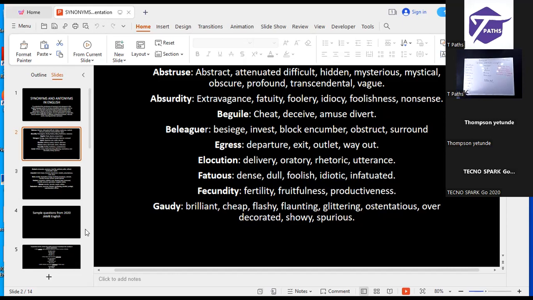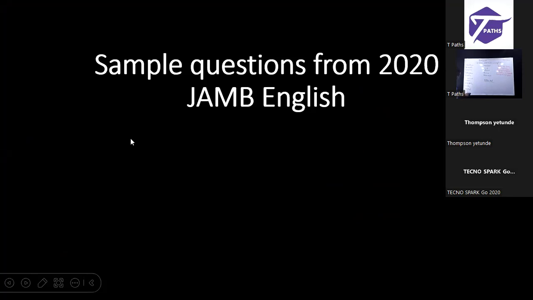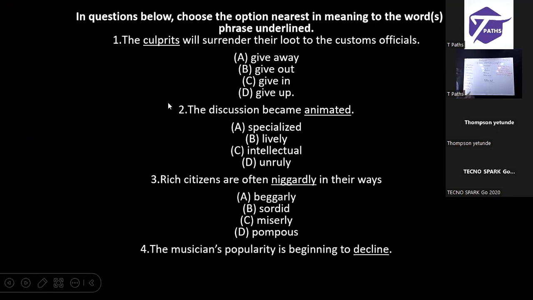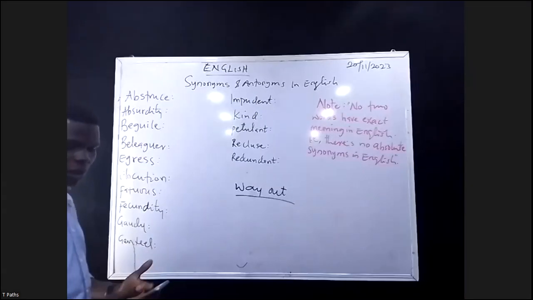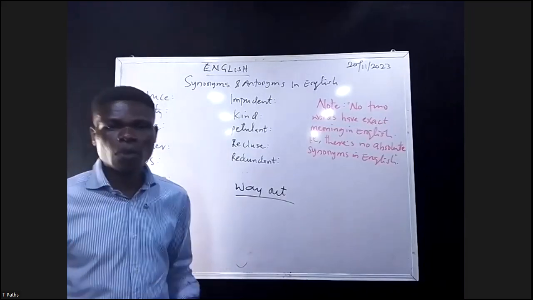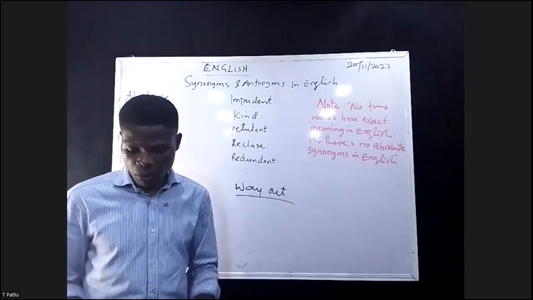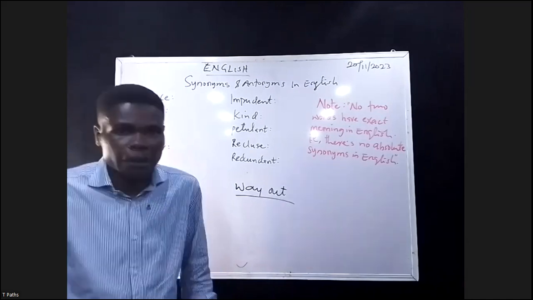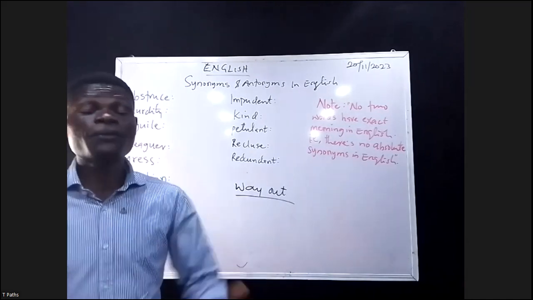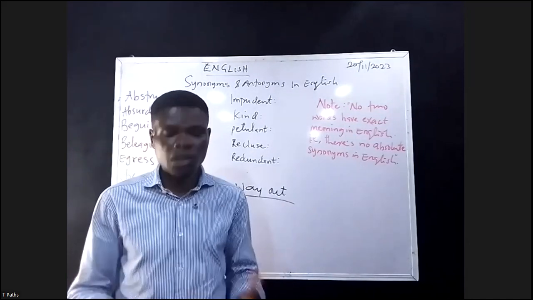Now, look at the word genteel. You may not have heard this word before or come across this word. Genteel means aristocratic. It means courteous. It means ladylike. It means polished or polite. When you say somebody is genteel, it means the person is refined. Someone who is refined is genteel.